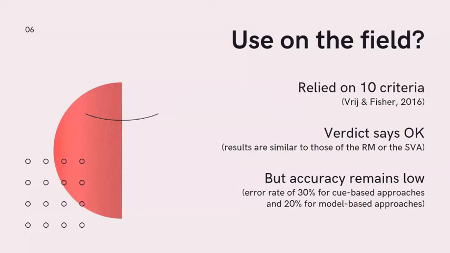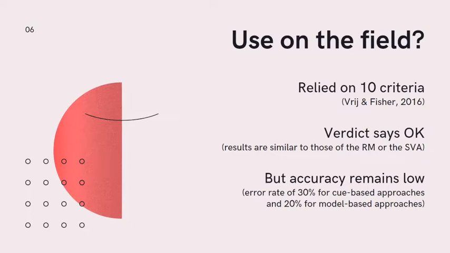If we follow those criteria, we suppose that stylometry could actually be used in the field, following the same structure and the same conclusions that Vrij and Fisher reached a few years ago, because the results that we get from stylometry are really similar to those from reality monitoring or statement validity analysis. But we try to nuance this conclusion by saying that accuracy remains generally low.